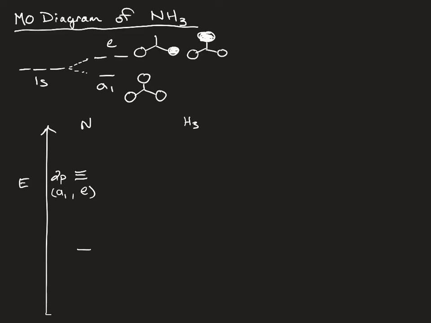And you have your 2s orbital, which also has A1 symmetry. Over here for the hydrogens, you have your E and your A1. The A1 is going to combine here. Like that.